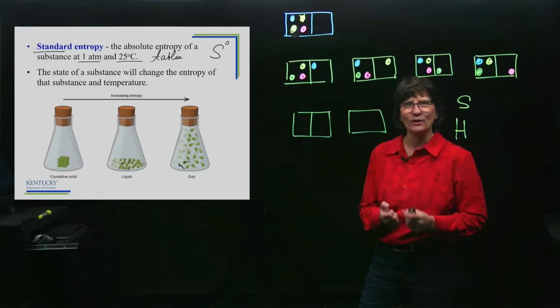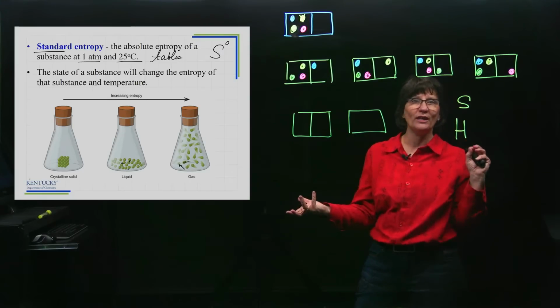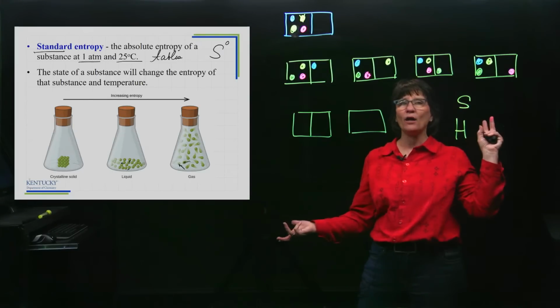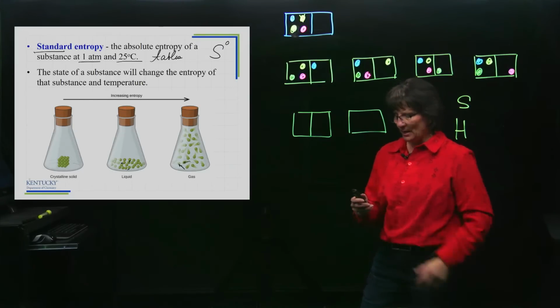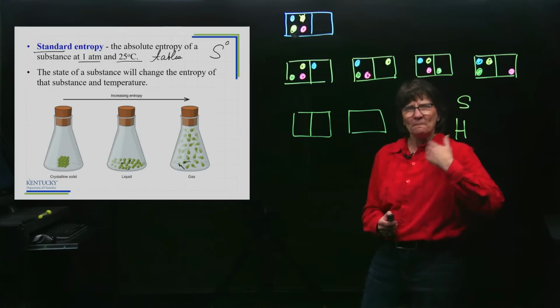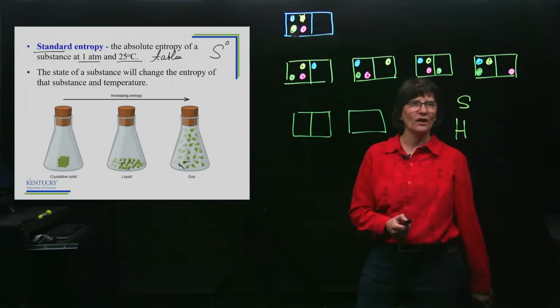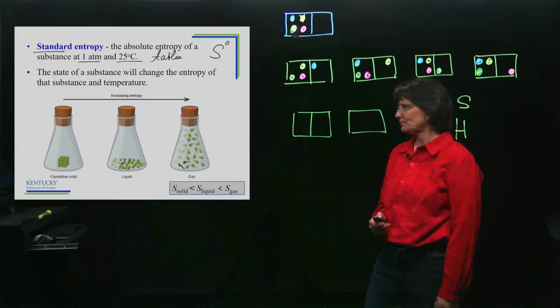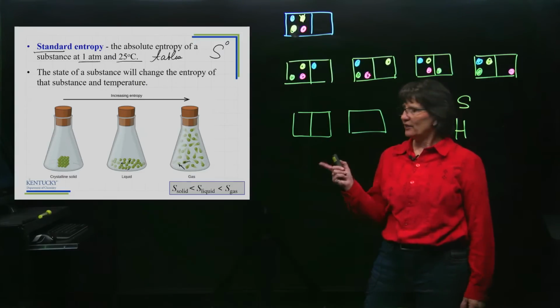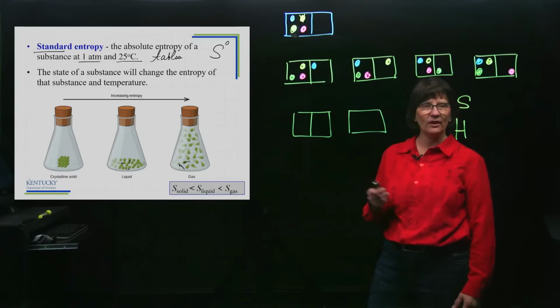That's kind of the gas state, where you're no longer attracted to each other in any way, shape, or form, and you're moving about independent of each other, and that would be the gas state. So thinking about it in terms of disorder, you can see that it would increase as you move across the screen. So we have the solid is less than the liquid, which is less than the gas.